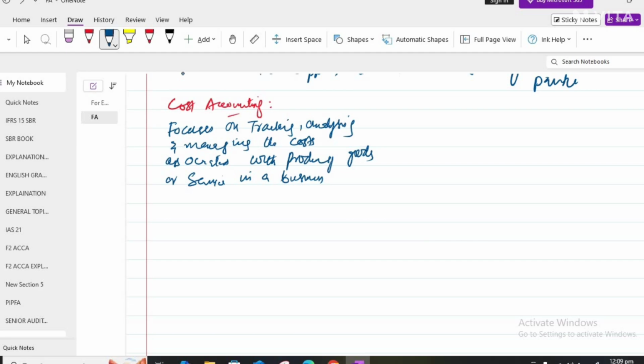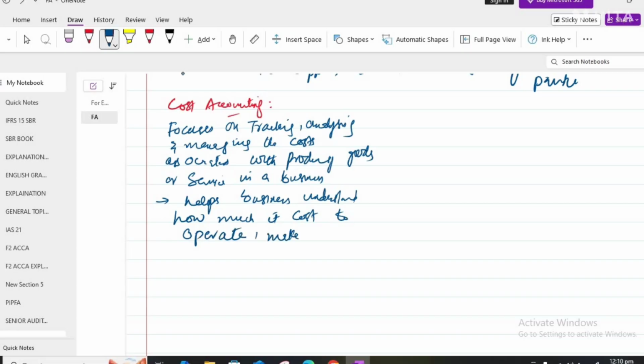Now, why are we doing this? Because it helps businesses to understand how much it costs to operate, make products, or deliver services.